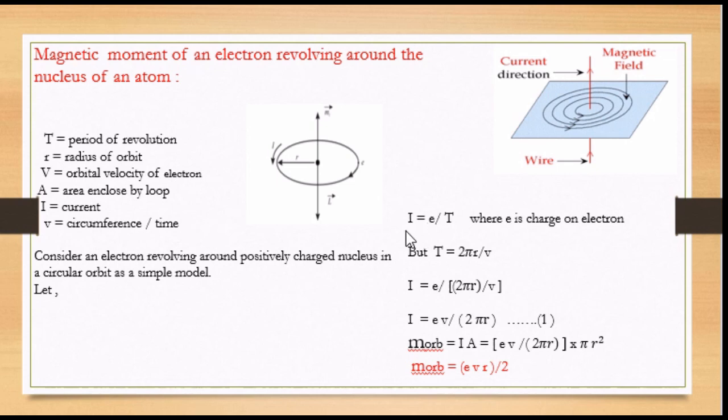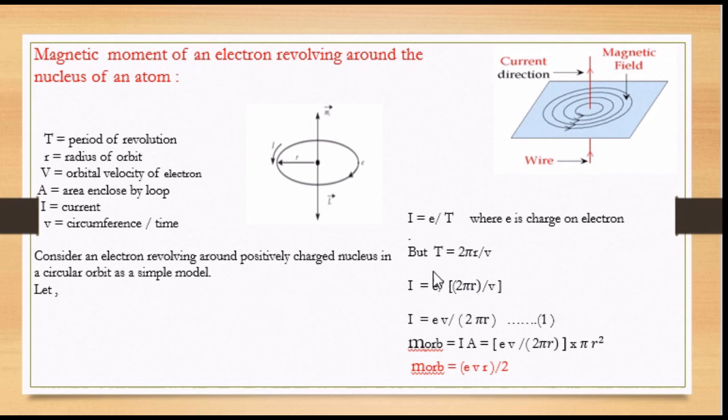Then to find the current, I is equal to e upon T, where e is the charge on the electron and T is the period. But what is the value of T? The value of T is the circumference upon orbital velocity, which is 2 pi r upon v.